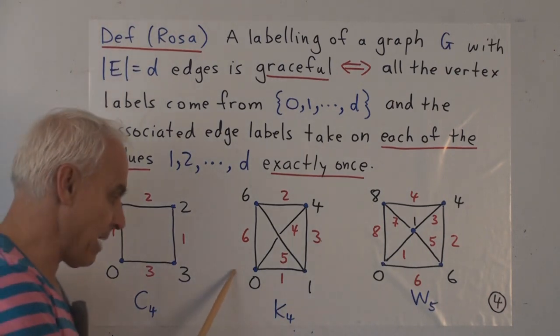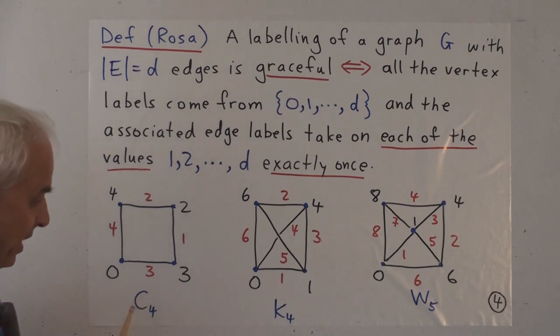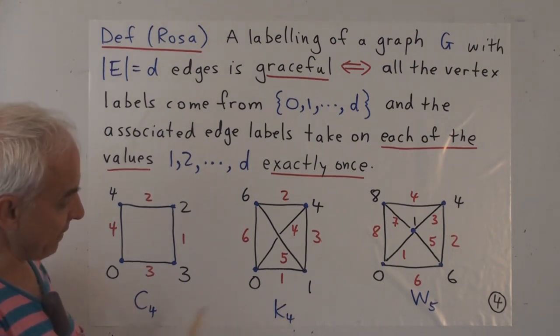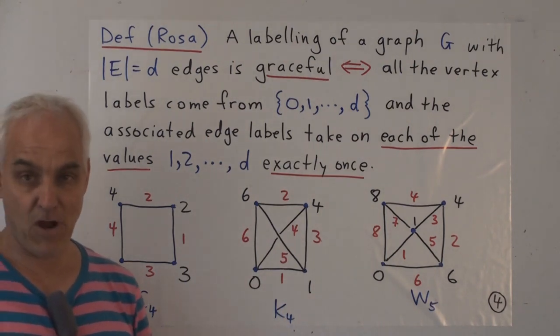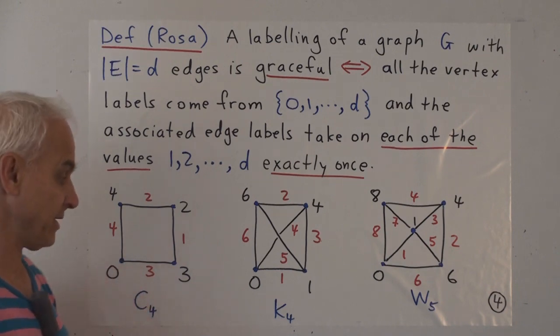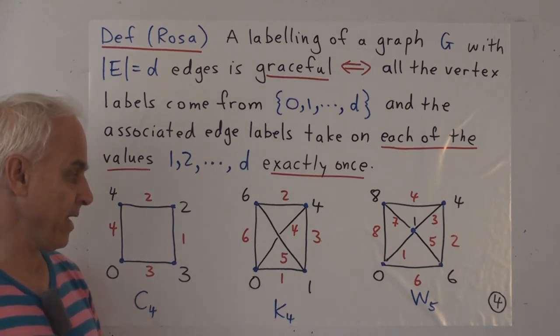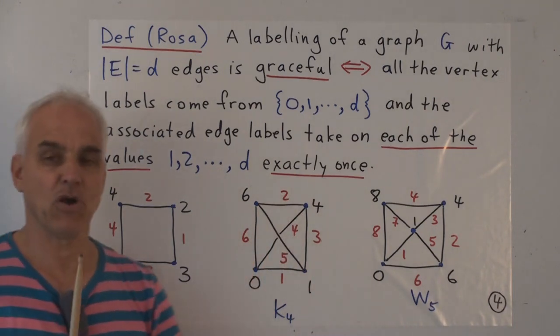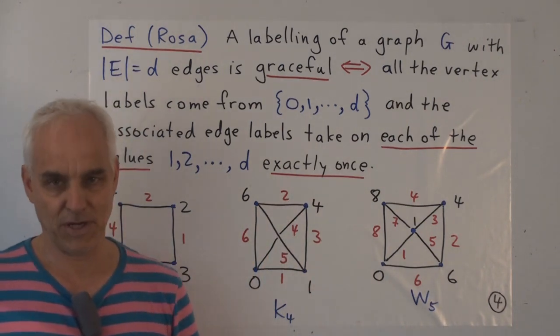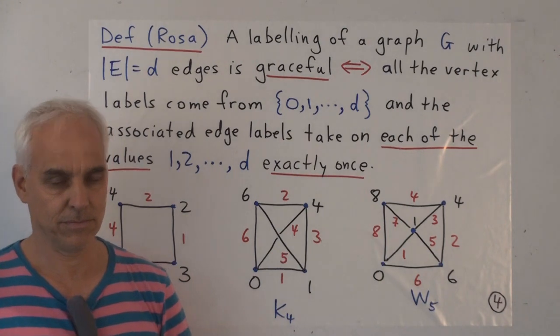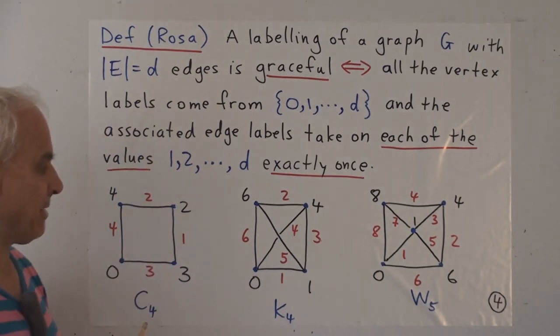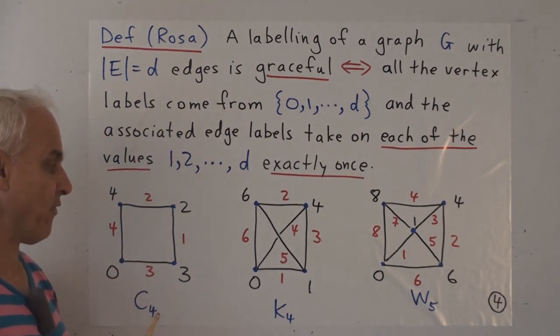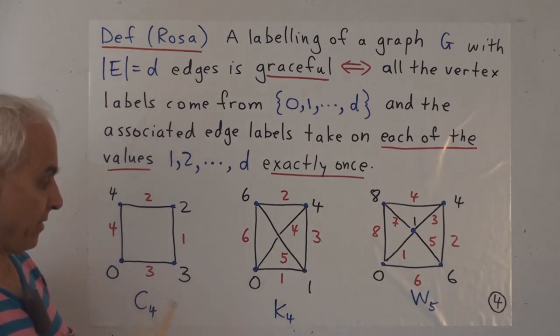Here's another example of a graceful labeling. This is a different graph. It's the complete graph on 4 vertices, K4. That means you start with 4 vertices, and the edges are all possible edges between those 4. So in this case, there are 6 possible edges between all these 4 vertices. And here's a labeling.